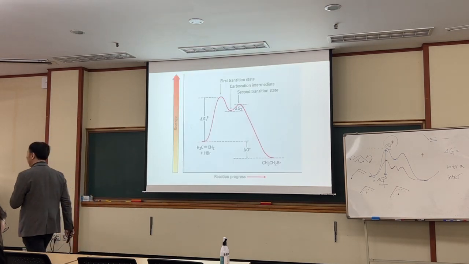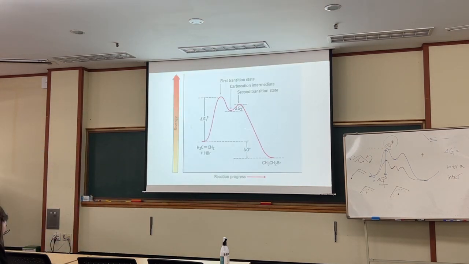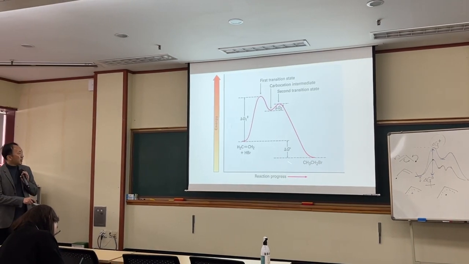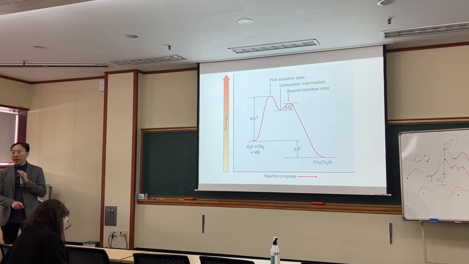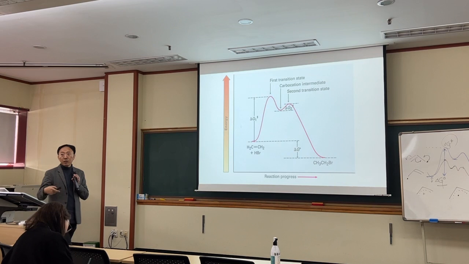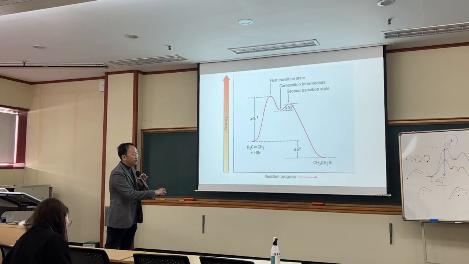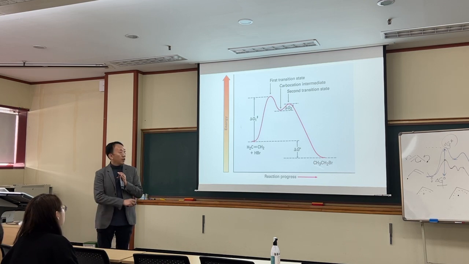But if it is multi-step, then we have seen this here. Everything was explained here: activation energy here, and a second activation energy here. If you look at this step, then this is the activation energy. If you consider the reverse reaction, then the activation energy should be this one, right? This reaction is reversible. It can go this way or this way.